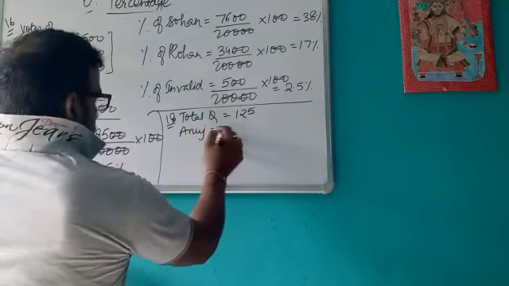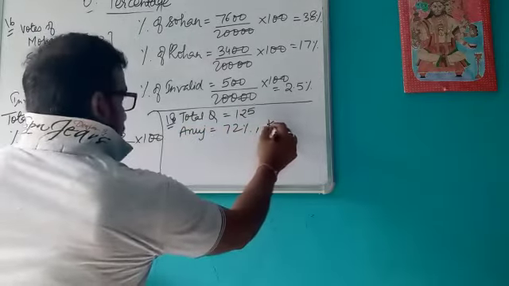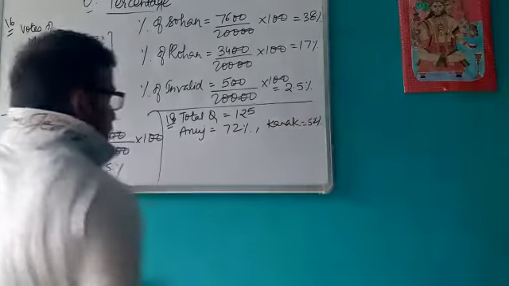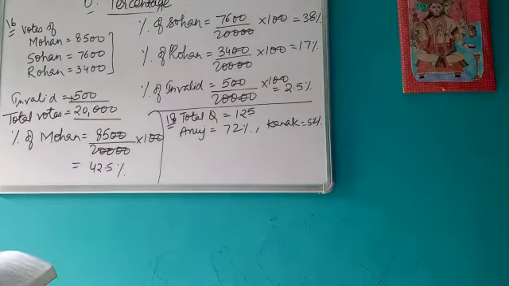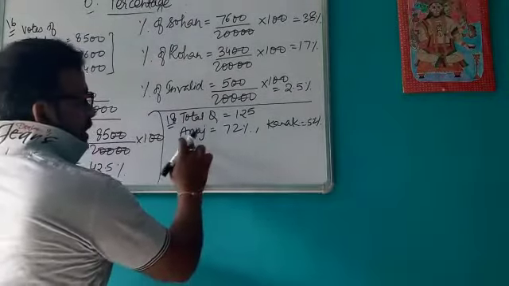Anuj got 72% correct answers and Kanak got 52% right answers. We have to calculate the percent of Kanak's answers with respect to Anuj's answers.